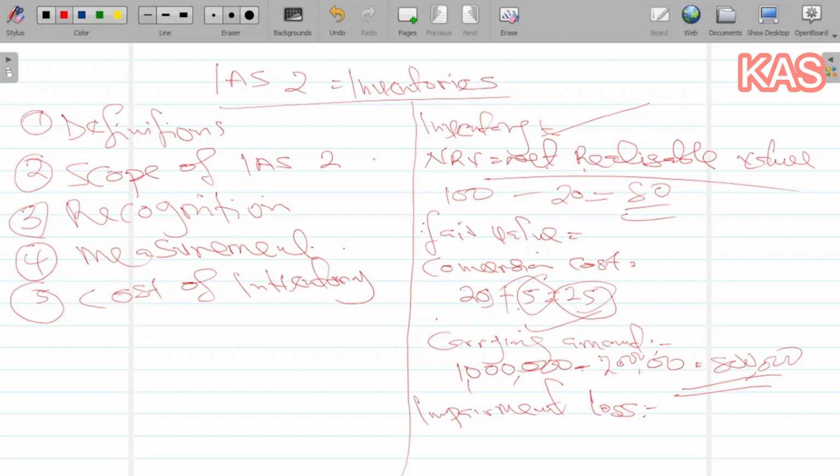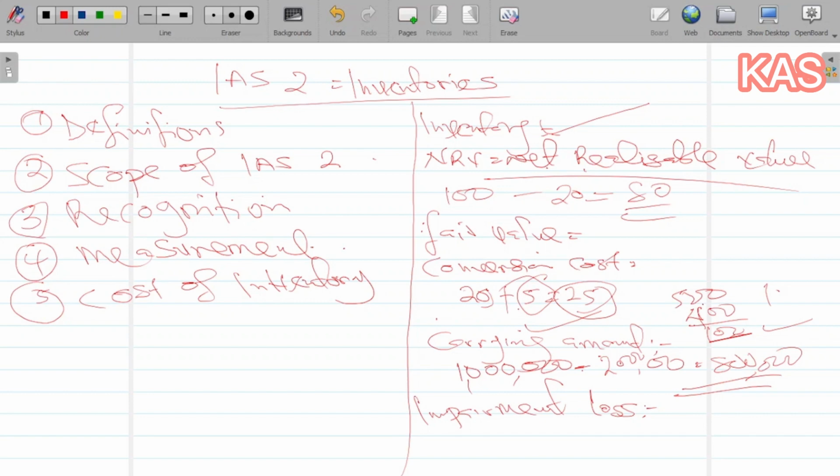You are carrying your asset in your books at, say, 500, but the recoverable amount of that asset is 400, not 500. So what is the difference? It is 100 naira. So this 100 naira is your impairment loss, because your book value exceeds your recoverable amount. So the 100 naira is now called impairment loss.